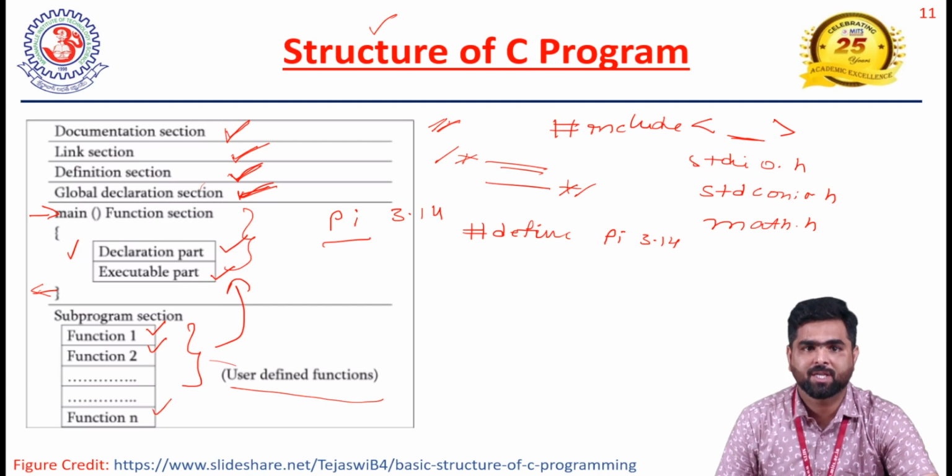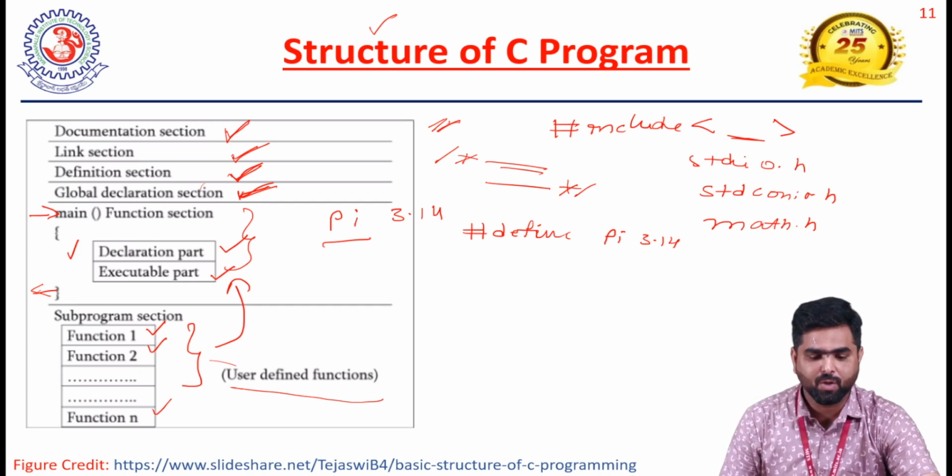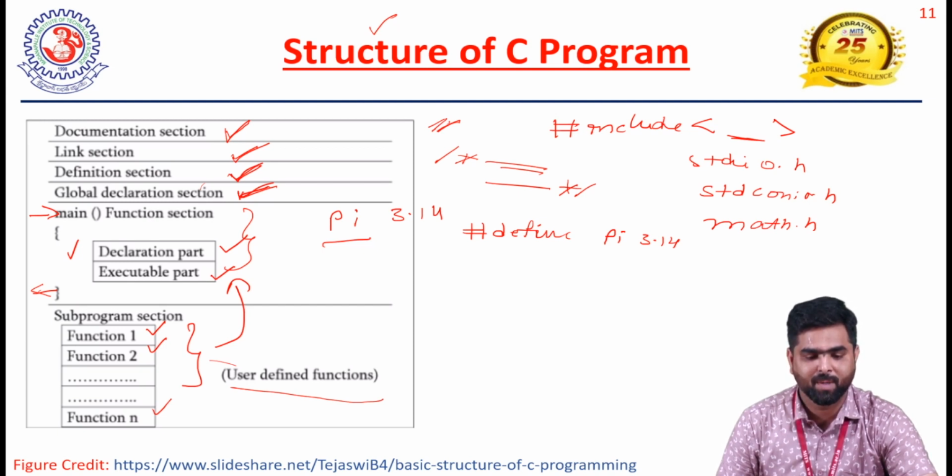Are all these sections mandatory in each and every C program? No. Some sections are mandatory for each and every C program, and the remaining sections depend upon the complexity of the problem we are going to implement as well as the programmer's implementation. Among documentation section, link section, definition section, global declaration, main and subprogram, the link section and main function are the two mandatory ones, even to write a very simple or basic C program.